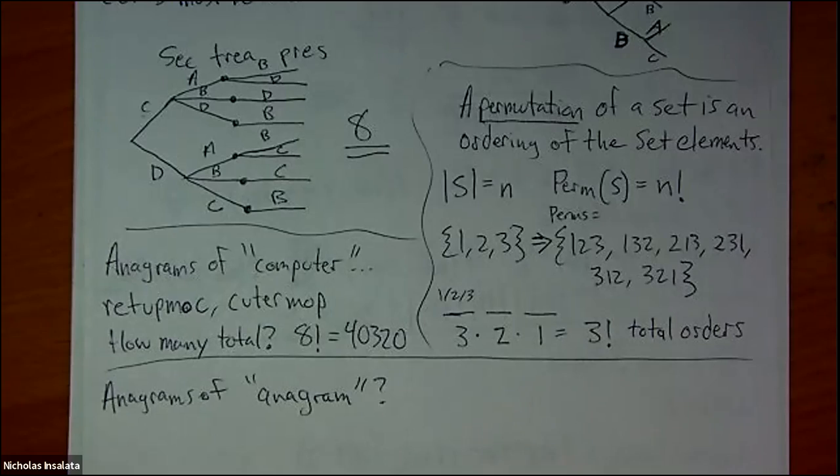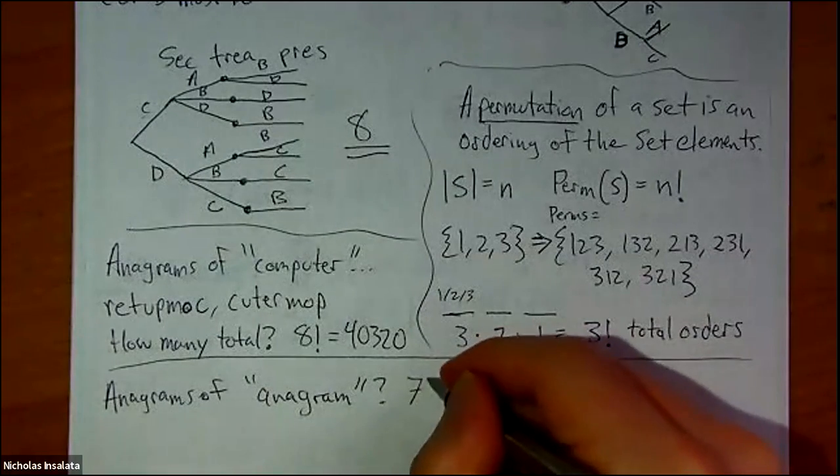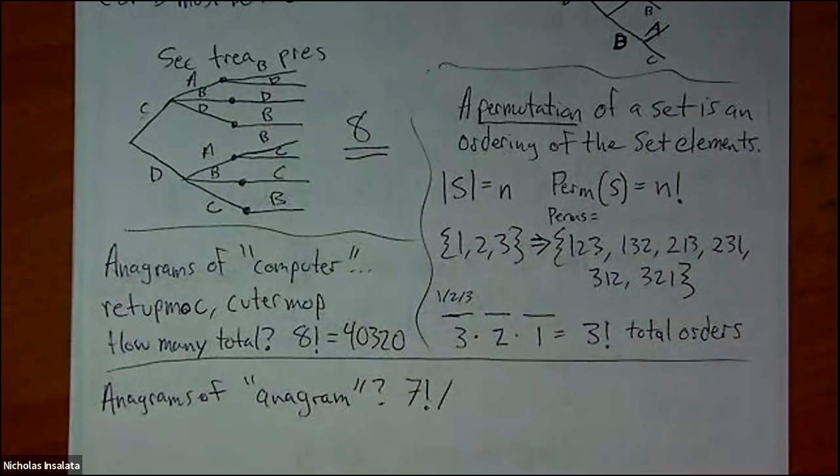Yeah, okay, 7 factorial, right? Divided by something. Now it's not divided by 7, not quite. What's the idea behind your using division there? What are you trying to accomplish by dividing by something, David?